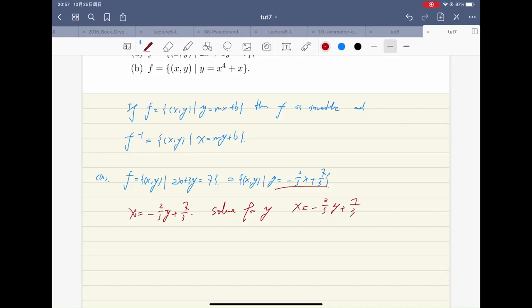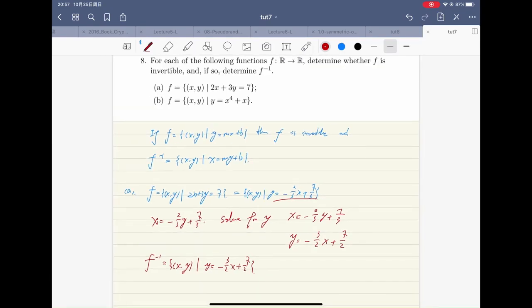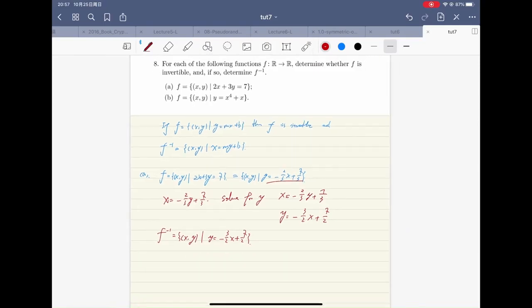We get y equals negative 3 over 2 x plus 7 over 2. So the inverse function should be (x, y) such that y equals negative 3 over 2 x plus 7 over 2. This is the inverse function.